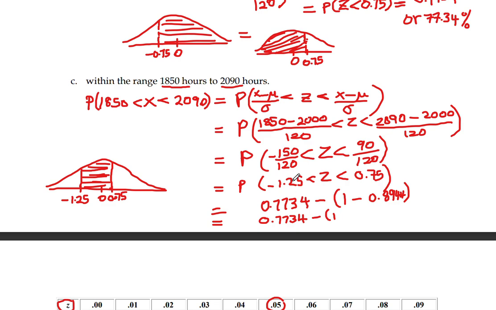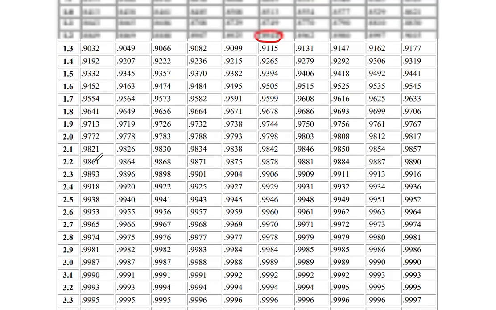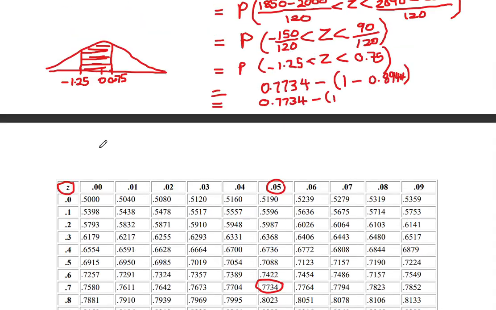So that probability reading for the positive value associated with this negative number, or we could say its absolute value of 1.25, is 0.8944. Remember that this table does not have negative z values, so that we have to apply the properties of symmetry in order to derive our answer. And so this is why we're going through this particular solution here.